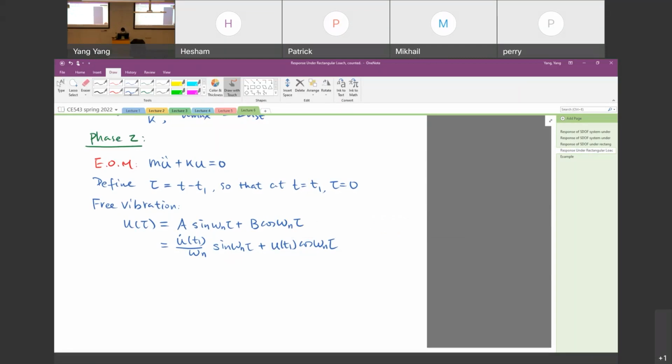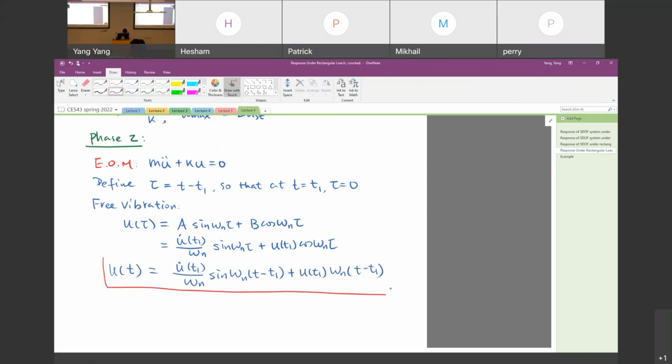So now we can write down the u(t). This is phase 2, that's a free vibration.